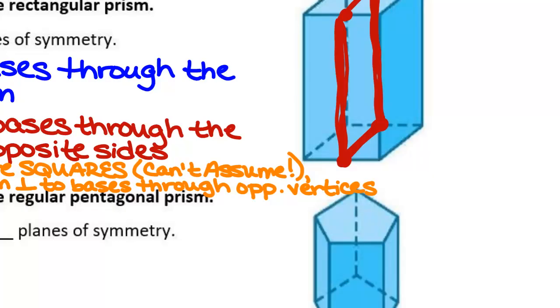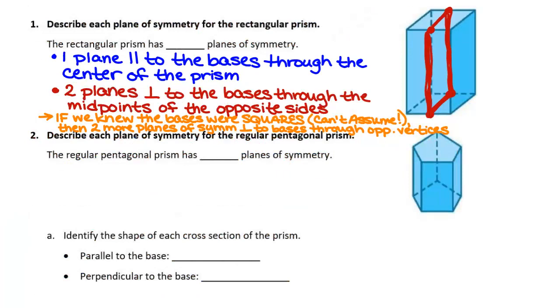But as it stands, we don't know that the top and the bottom are squares. So I can't include those two planes.